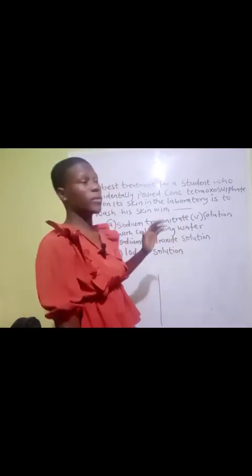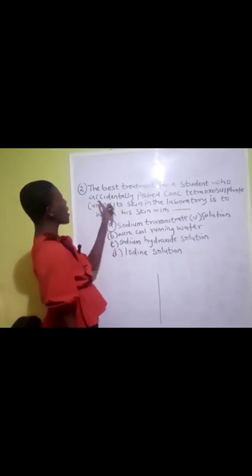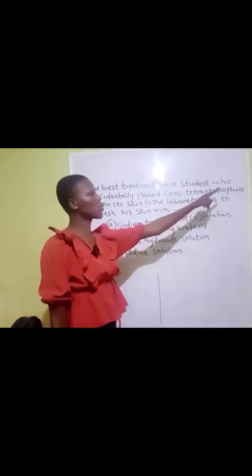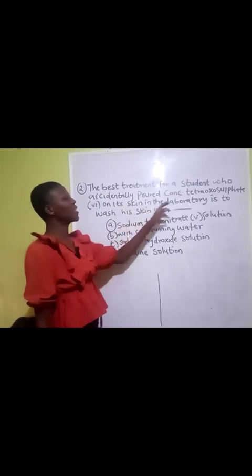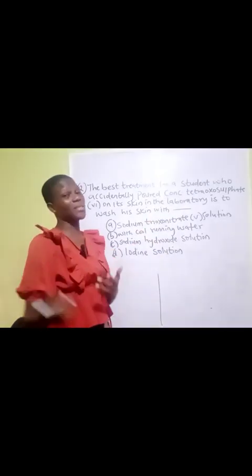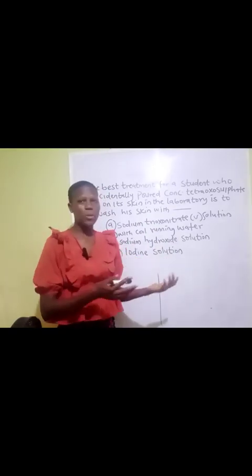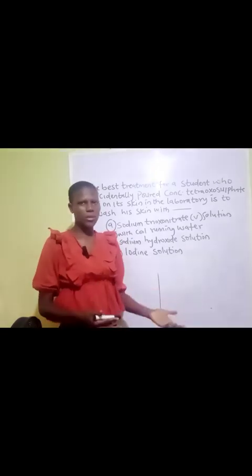The next question says the best treatment for a student who accidentally poured concentrated tetraoxosulfate(VI) acid on his skin in the laboratory is to wash his skin with what? Now this is a practical thing that occurs all the time, even when you're trying to perform an experiment in the lab, maybe a titration.